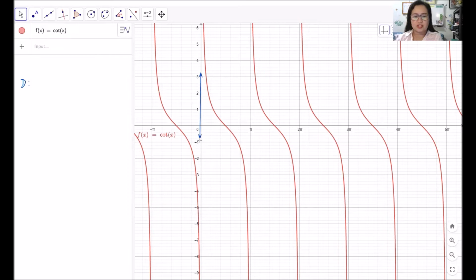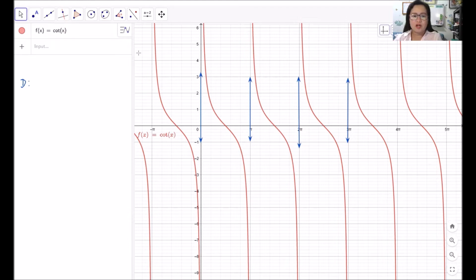So let's start here. Then another here. And here. So you can see that the asymptotes are found at the points having abscissa 0, pi, 2 pi, 3 pi, 4 pi, 5 pi, and so on.